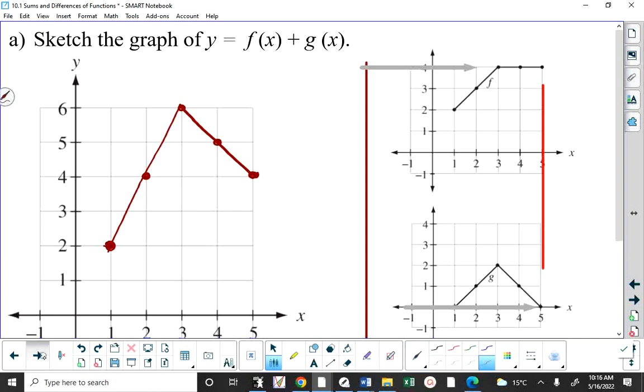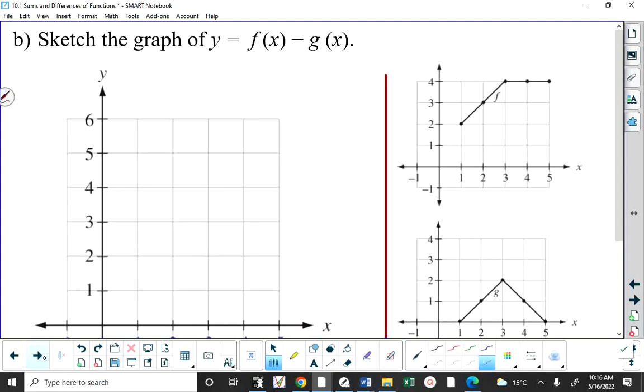Let's try f minus g. So we're going to take the y coordinate of 2 and subtract the y coordinate of 0. 2 minus 0 is 2. Then we move on to an x value of 2, and we look at the y coordinates at those x values of 2, and we're going to take 3 minus 1, which is 2.